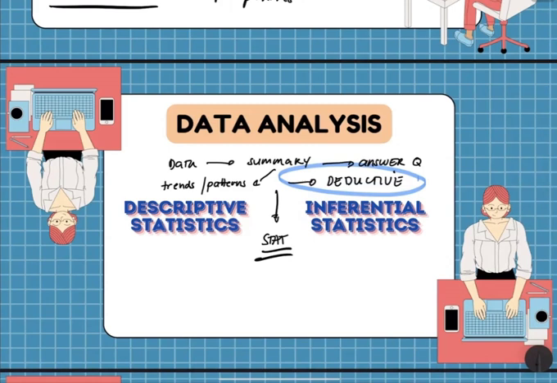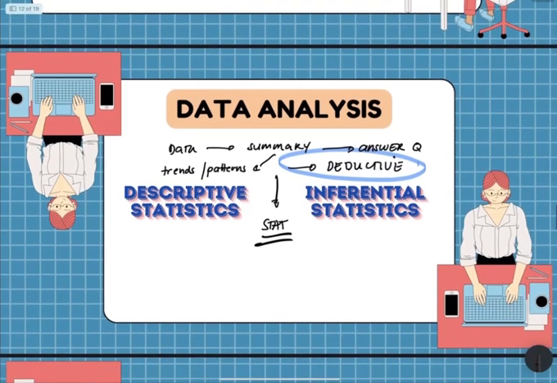So we have first your descriptive statistics. What do you do in descriptive stat? It basically just summarizes. It's a process of getting the bird's eye view of the data, but it's kind of superficial in a way.